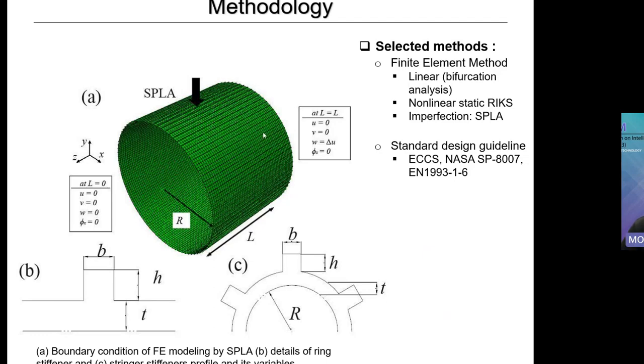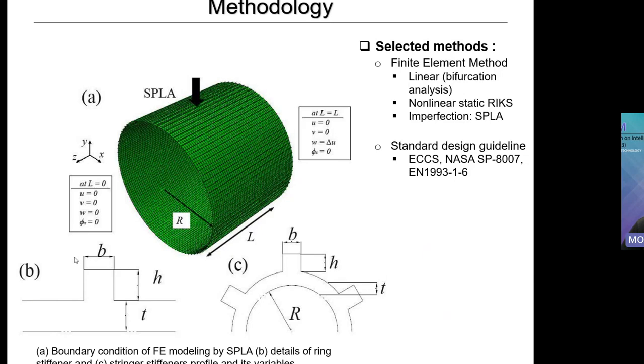Then at the midsection of the cylinder, I apply a little bit of perturbation load in order to trigger the instability. This perturbation load is known as the imperfection for the structure, because it creates a dent at the midsection.